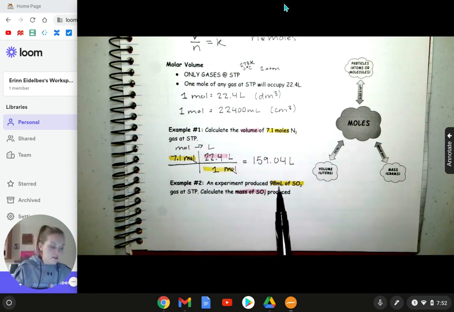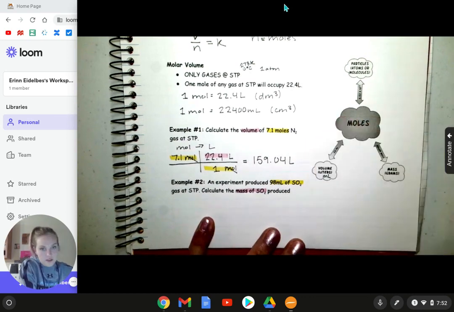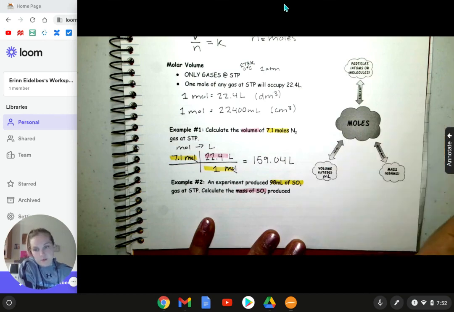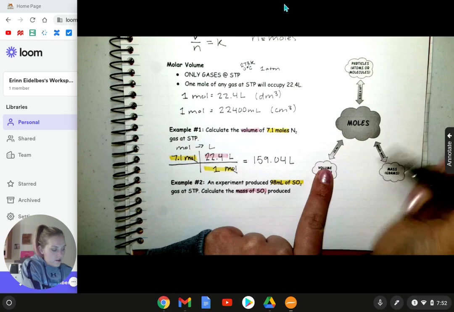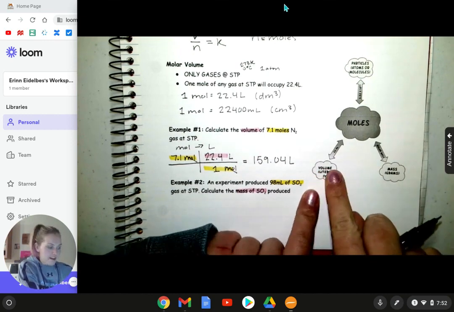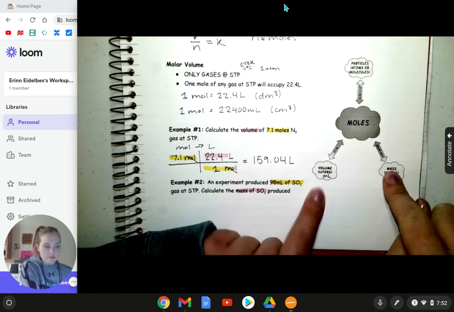I'm starting at milliliters, which is a volume, so this could also be milliliters. And then in my arrows, I have my 22.4 liters, just so I know that. But volume, I need to get to mass. There is no arrow that goes this way.